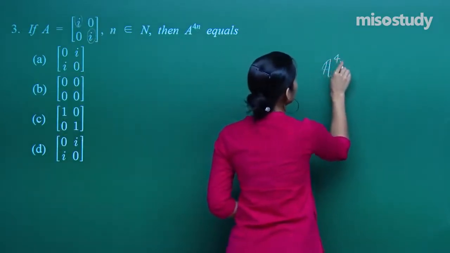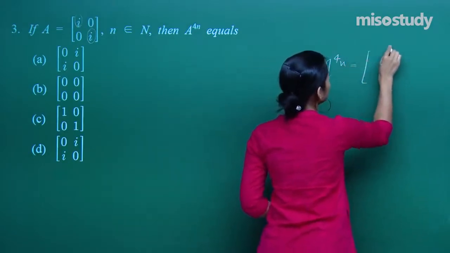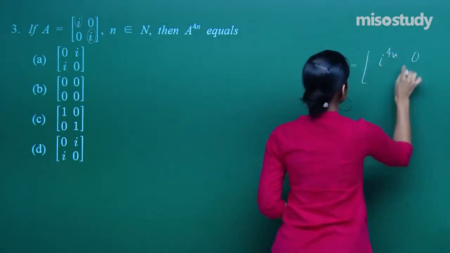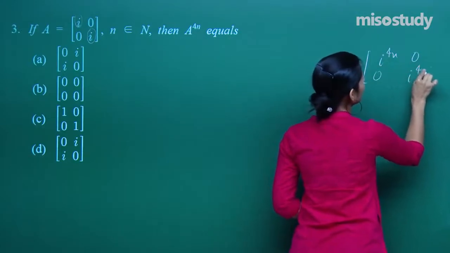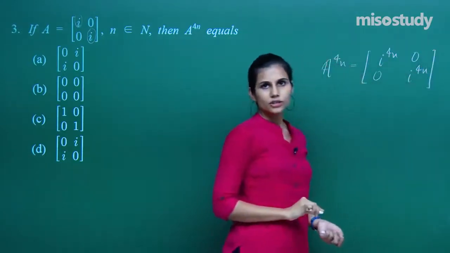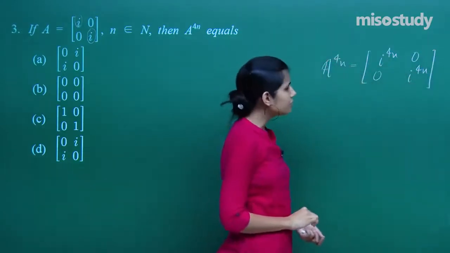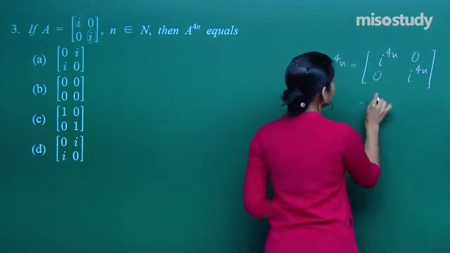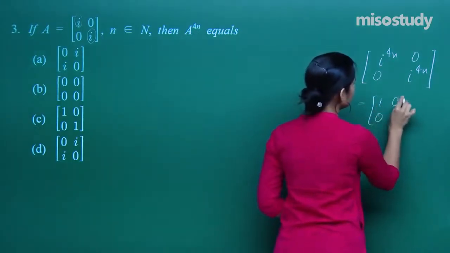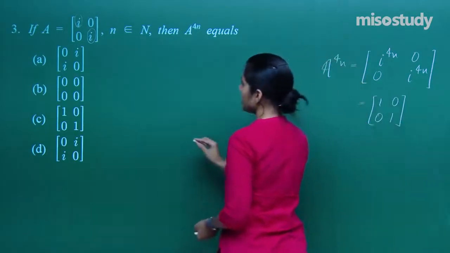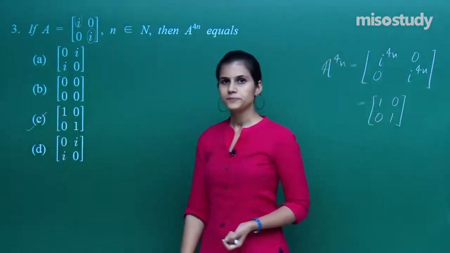Therefore, A to the power 4n is nothing but iota to the power 4n, 0, 0, iota to the power 4n. You know iota to the power 4 is 1 and 1 to the power n is 1. So this gives you 1, 0, 0, 1, and this is your answer.